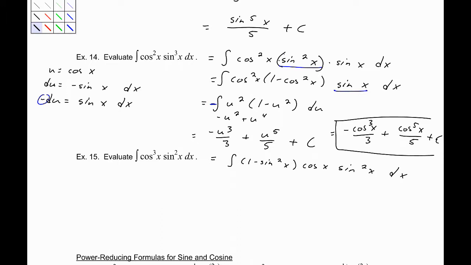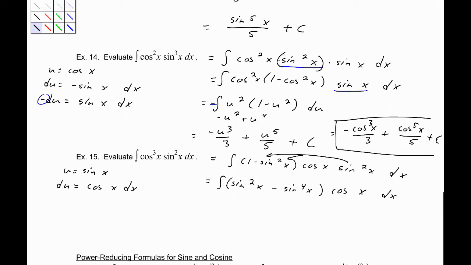Okay, now I have a single cosine, and I have actually all even powers of sine. Alright, so rewriting this, I'm going to distribute the sine this way. So that is sine squared x minus sine to the 4th x, and all that's times cosine x dx. Okay, my u substitution at this point will be u equals sine x. du is cosine x dx, so this is the integral of u squared minus u to the 4th du.